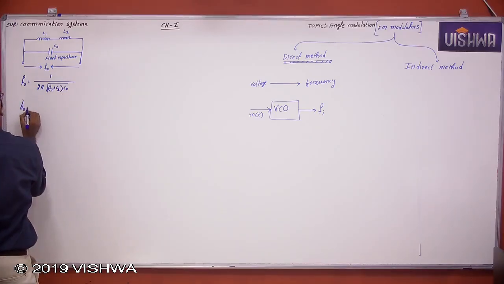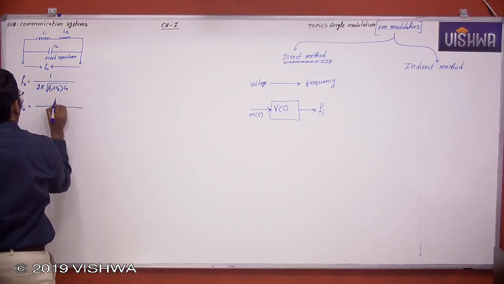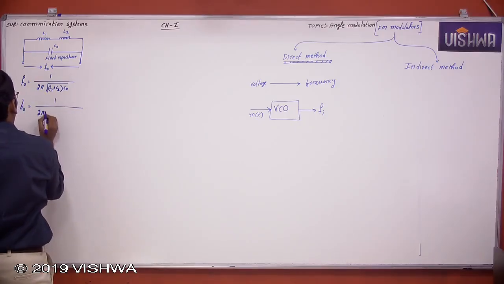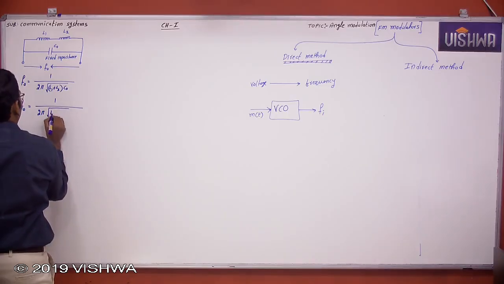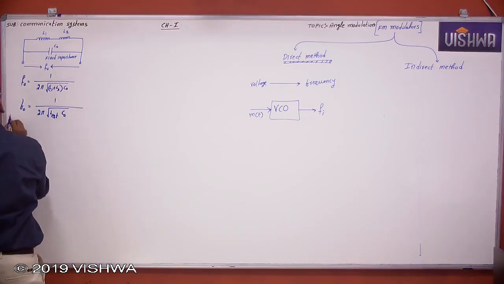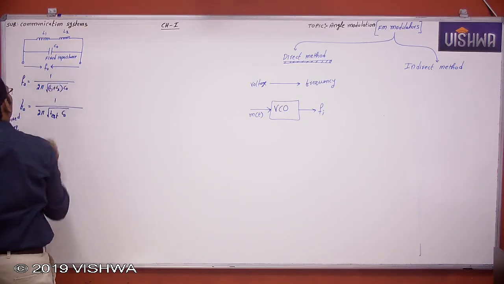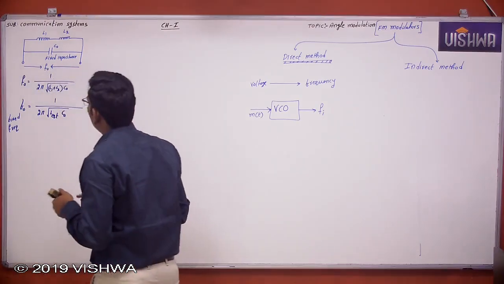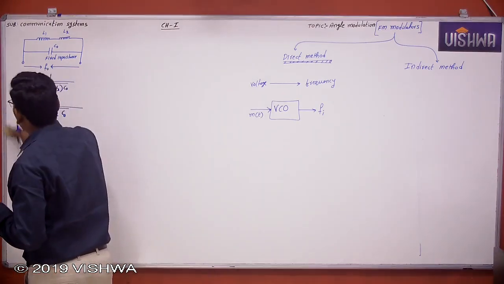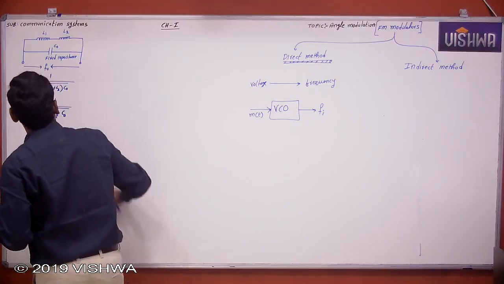Therefore, F0 is equal to 1 divided by 2 pi root L equivalent into C0. This is the fixed frequency because of the fixed capacitance. Okay, this is the fixed frequency because of the fixed capacitance.